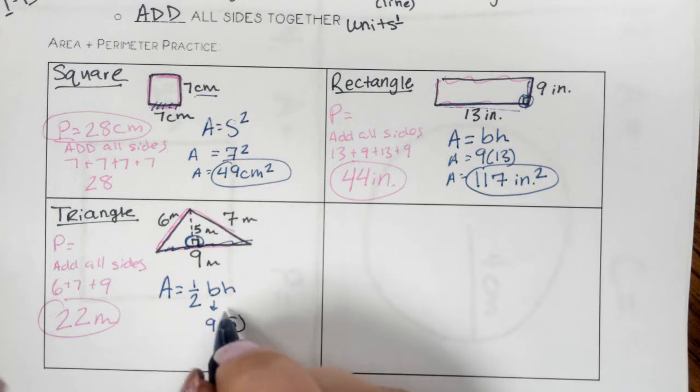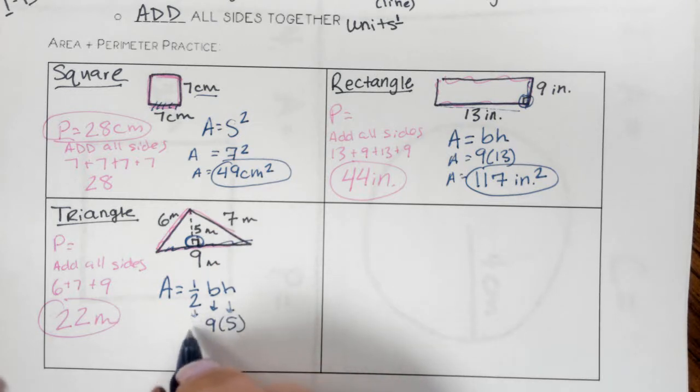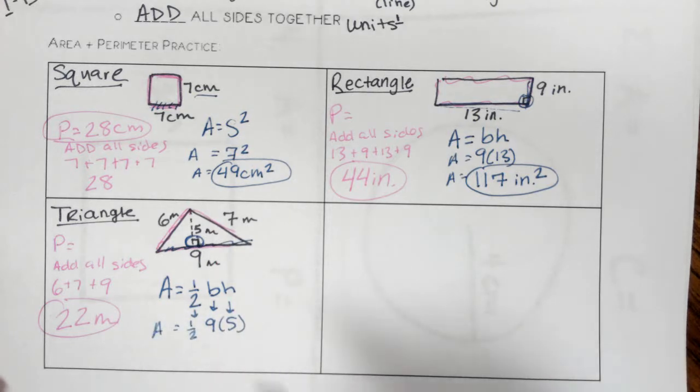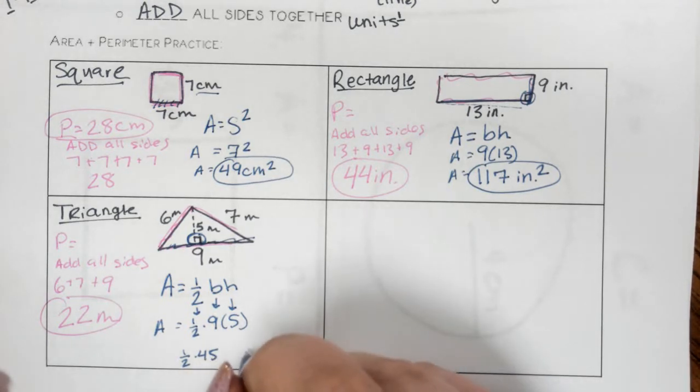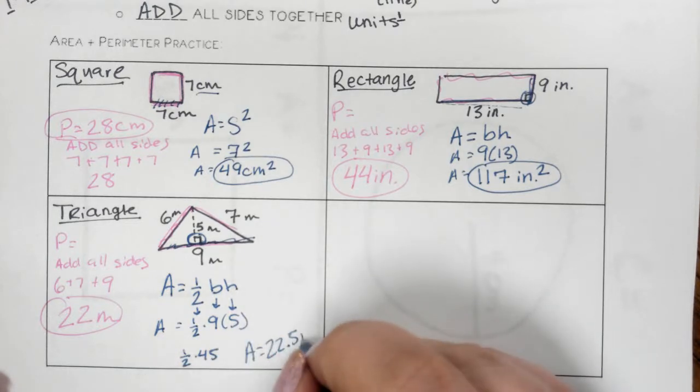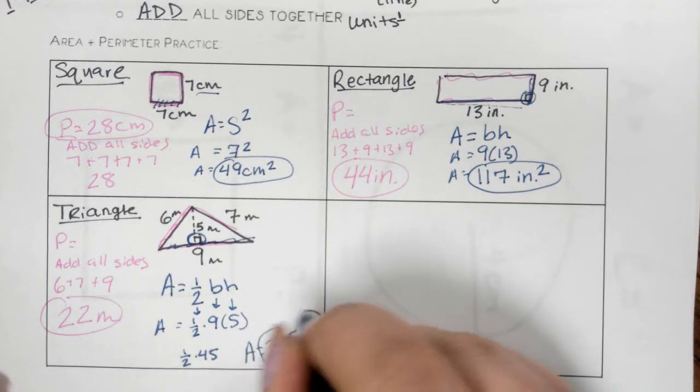So 5 is the height, and I cannot forget we have to multiply this by half. So area is half times 9 times 5. Half times 9 times 5 would be half of 45, and half of 45 is 22.5. And this is meters to the second power because it's an area.